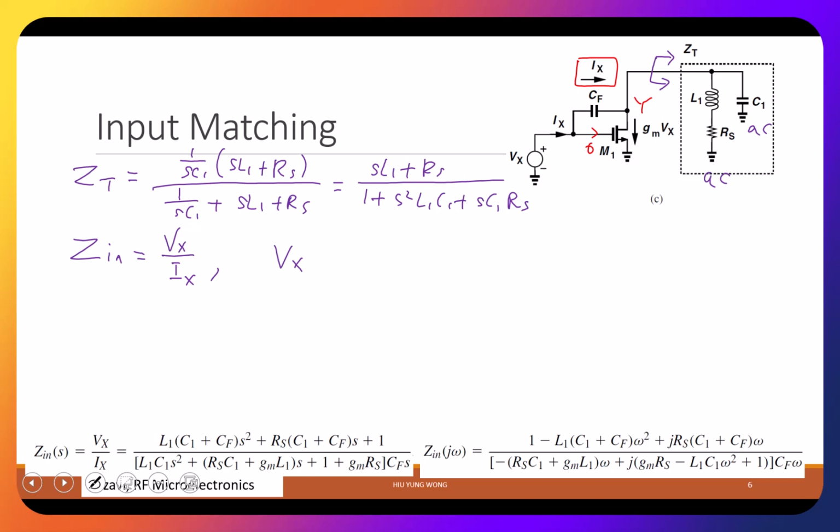So what is Vx? Vx is just equal to Ix times the impedance of Cf plus Vy. For example, this one may drop by 0.5.